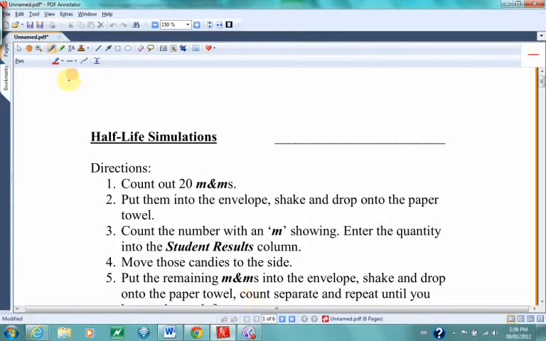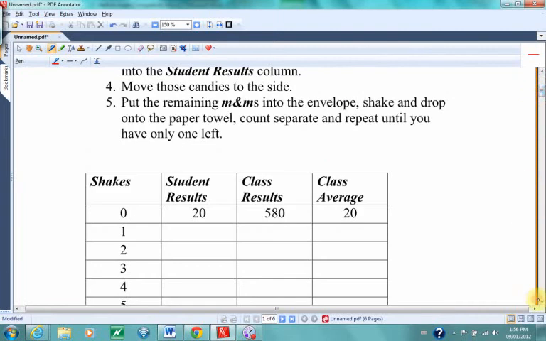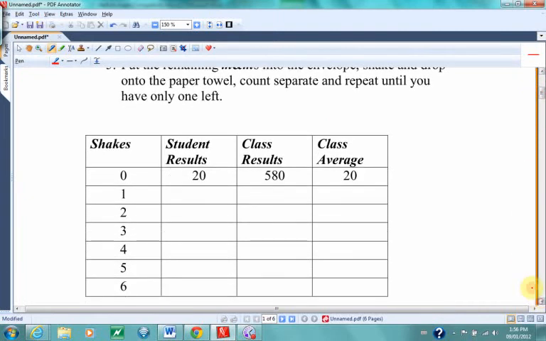So, last day we were talking about half-life simulations, and you gave me your data, and we took someone's data, and they had beautiful data like 10, 5, 3, 0, 1, 0.